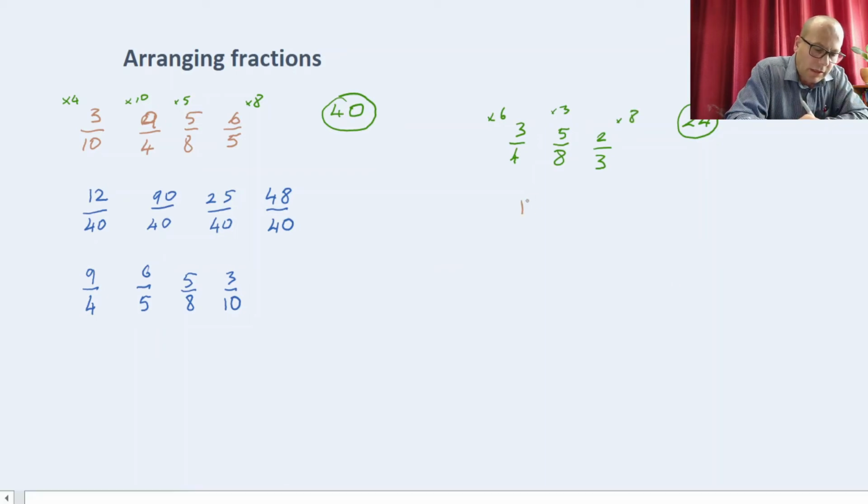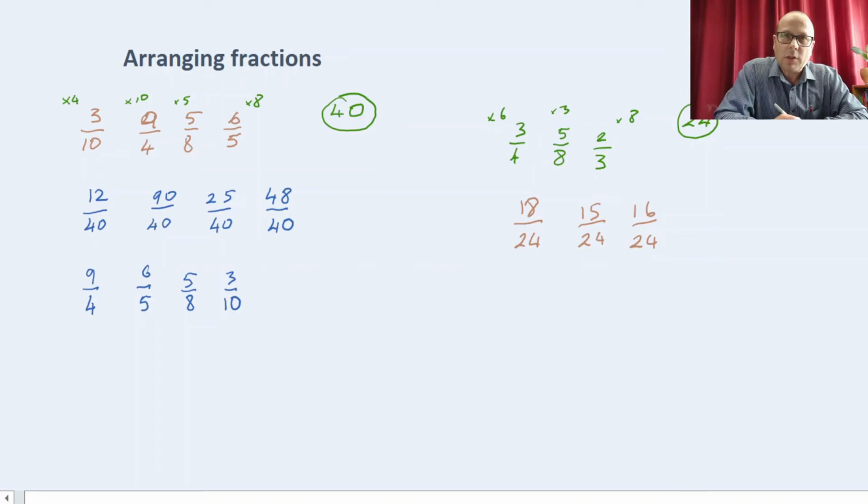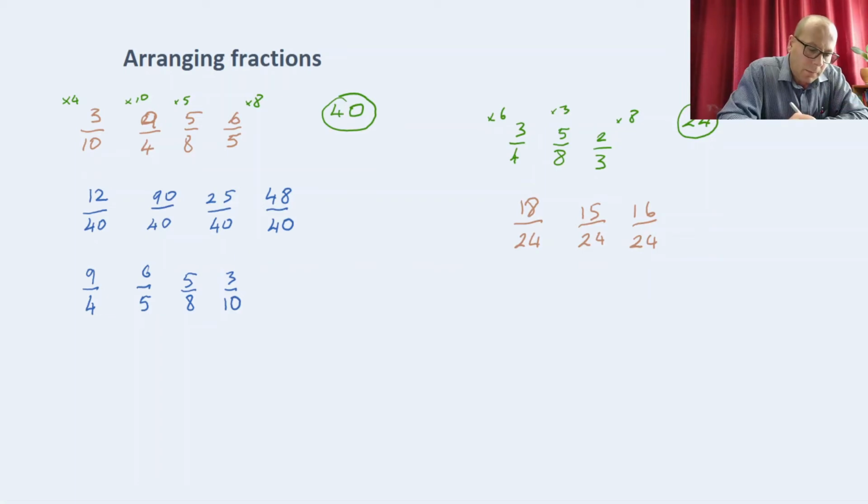Then I've got 18 over 24, 15 over 24, 16 over 24. If I arrange from smallest to the largest this time, the first one is 5 over 8, the second one is 2 over 3, and then the final one is 3 over 4.